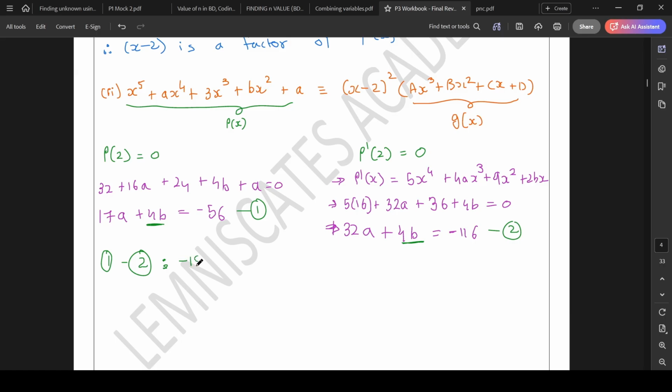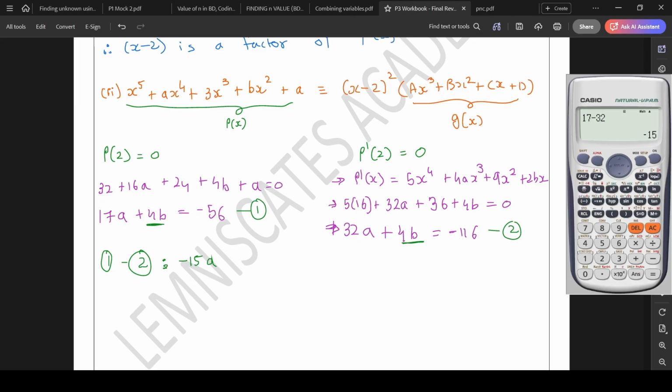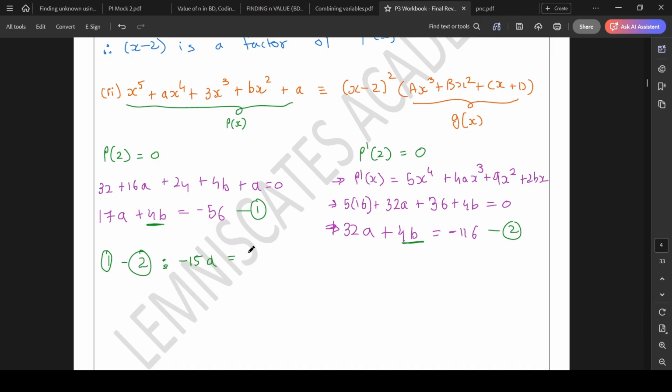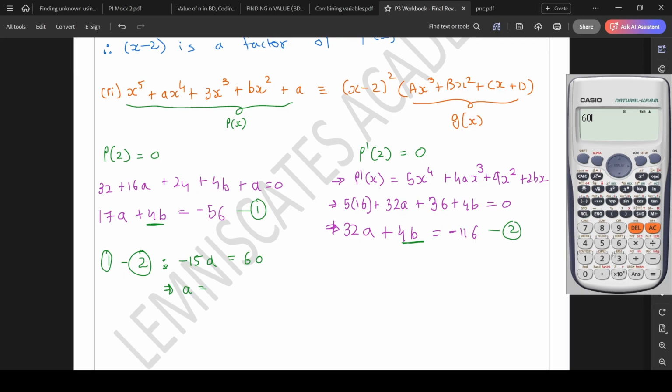So minus 15a, then the b's cancel out, and then you have minus 56 plus 116, which comes out to 60. So from here I can say that my a value is 60 over negative 15. So a is equal to negative 4.